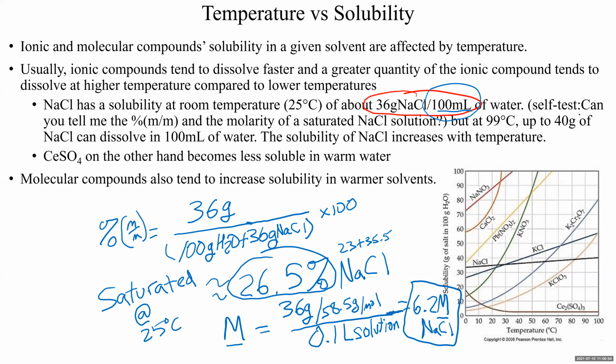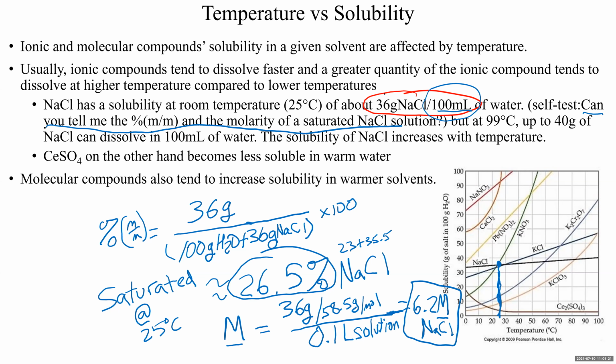So that's your self-test. Can you tell me, and I hope you can, the molarity and the percent of a saturated sodium chloride solution? Saturation comes from looking at room temperature. And remember, the saturation point is different for different temperatures, but following 25 degrees Celsius, if I draw a line as best as I can straight up, that takes me to this point on the sodium chloride graph, which is approximately halfway between 30 and 40.